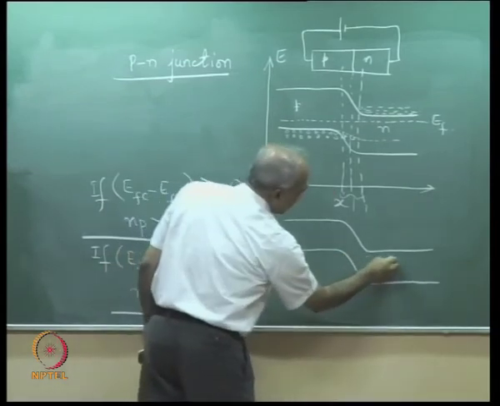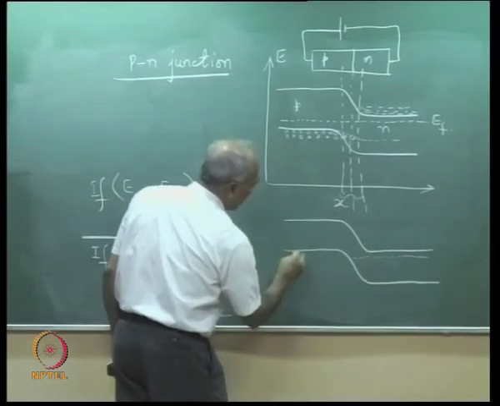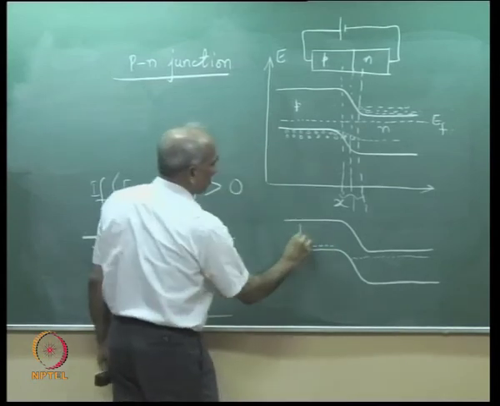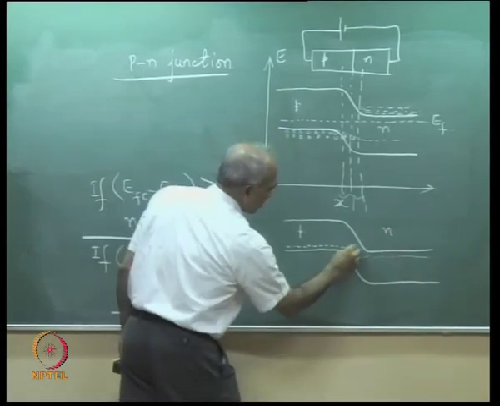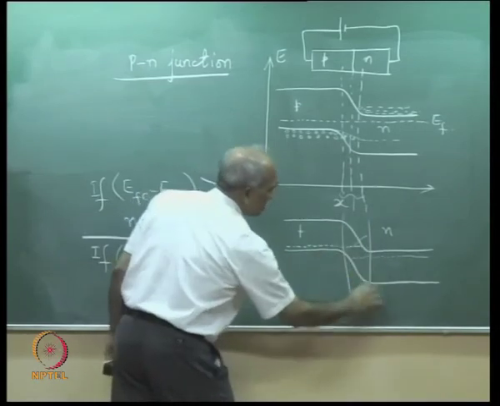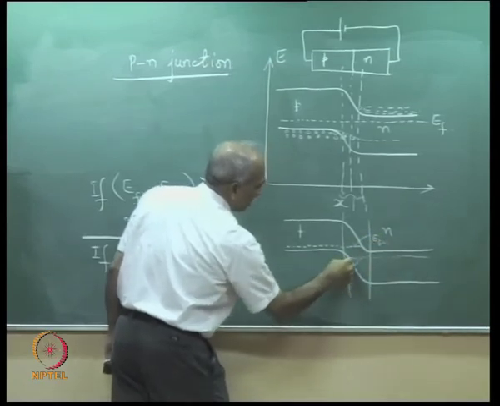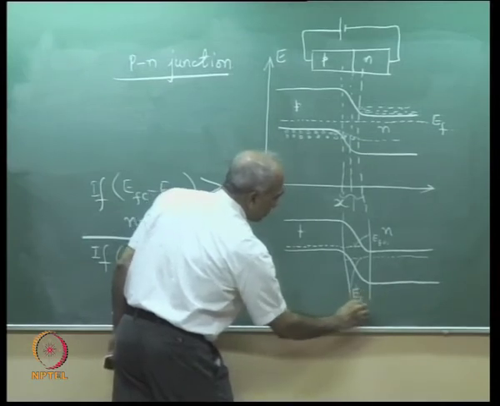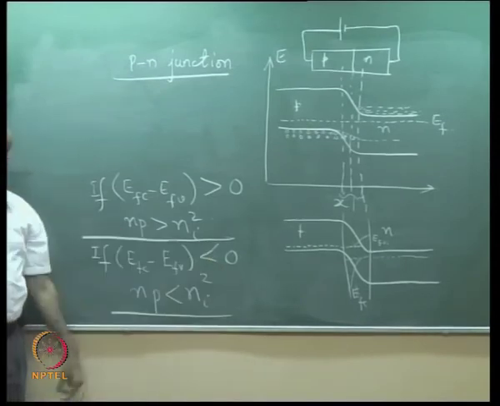The N side still remains here, EF, but in the junction region, this is EFC, and EF is here, far away for the P type and N type, but in the junction region, EFV is now here. So if we look at the junction region, this is EFV and this is EFC. The difference now is negative.